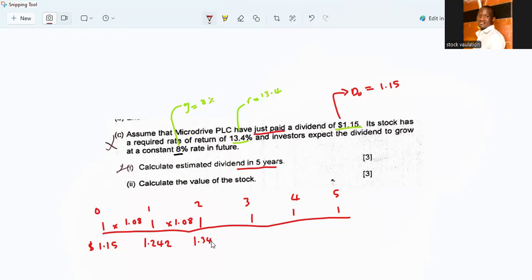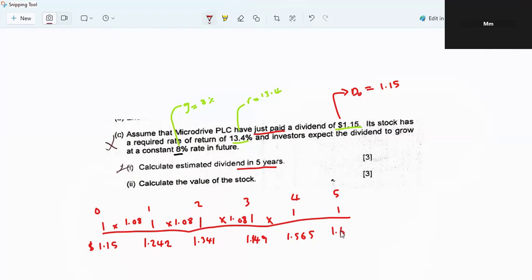Then we multiply again and get 1.449. Then 1.565. Then 1.689. Are we following so far?